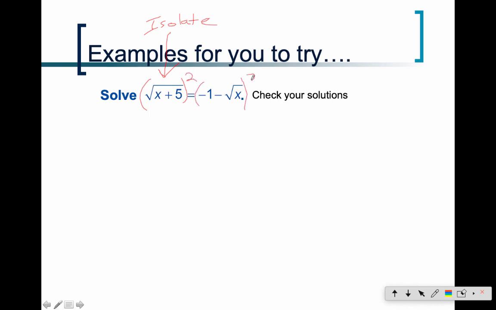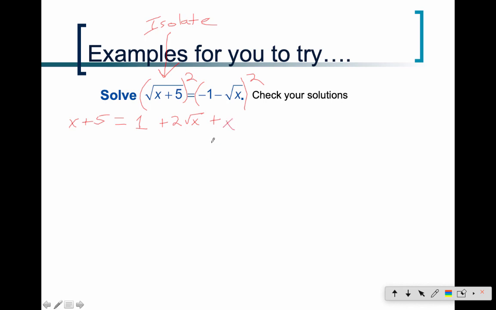So now when we square both sides, I get x plus 5. Now you've got to be careful here. Equals: square the -1, that's +1. Multiply the two terms together and double it, that's plus 2 square root x, and then square the back term, that's plus x.